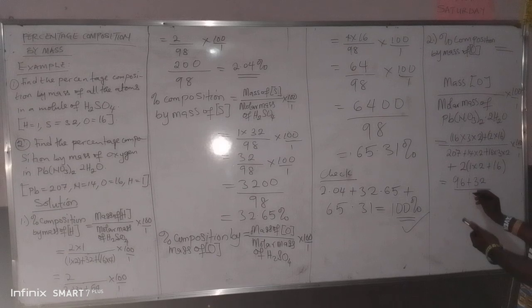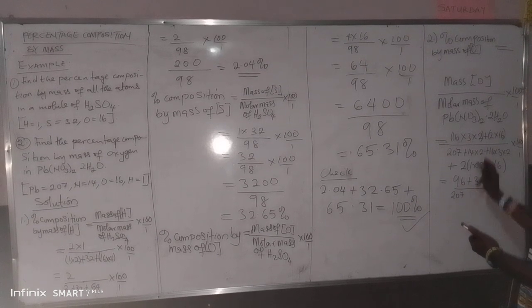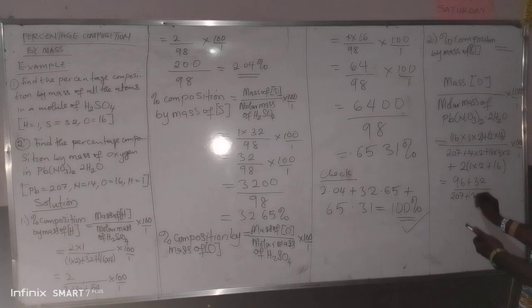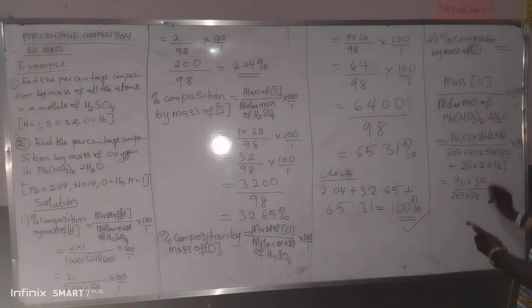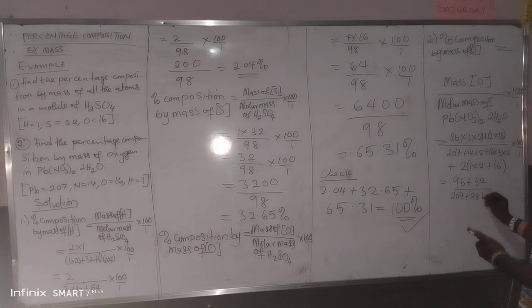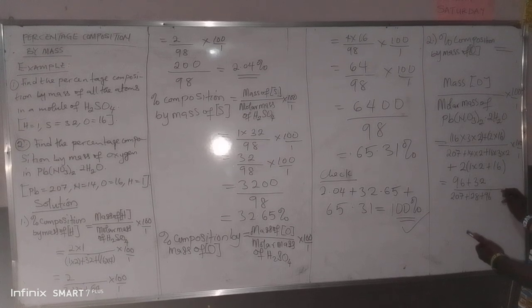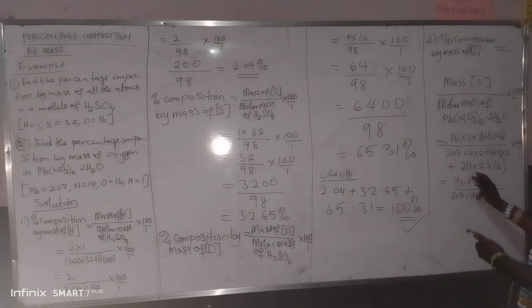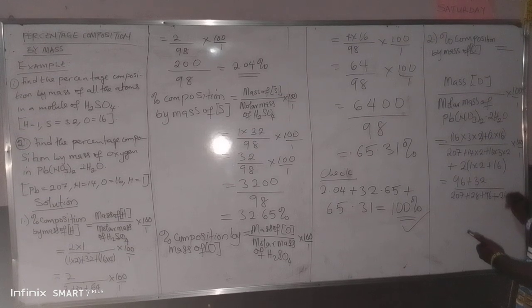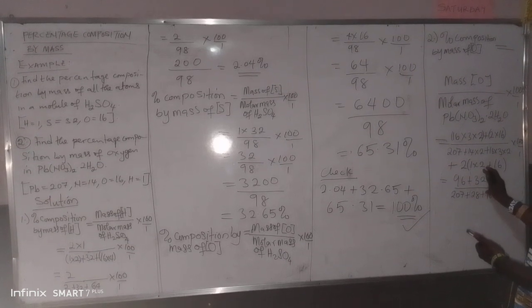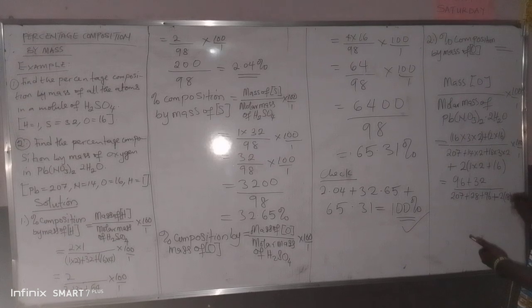Over, now this is 207, plus 14 times 2 is 28, plus 16 times 3 times 2, that is 96 that we got here. Now plus 2 into 1 times 2, 2 plus 16, that's 18.